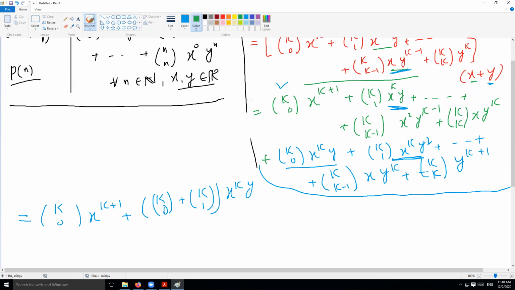This term with which term? I don't know why the color is not changing. Okay, this term with which term, can you tell me the term? So what should we do?